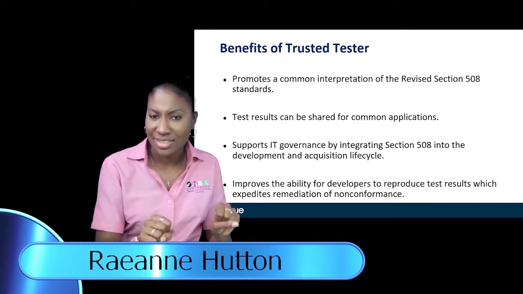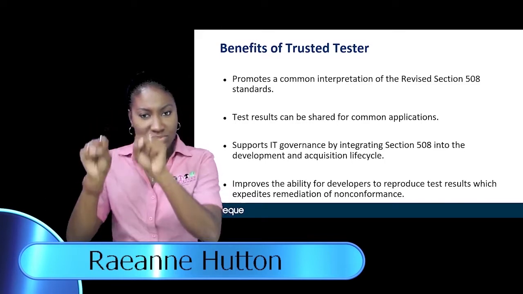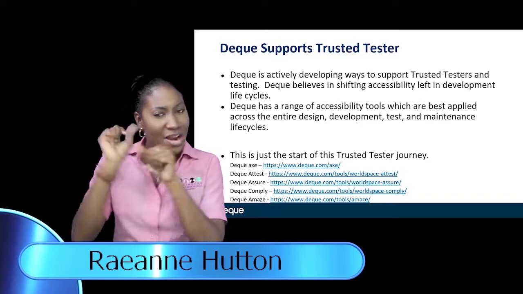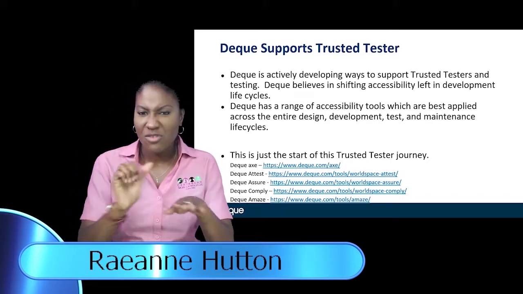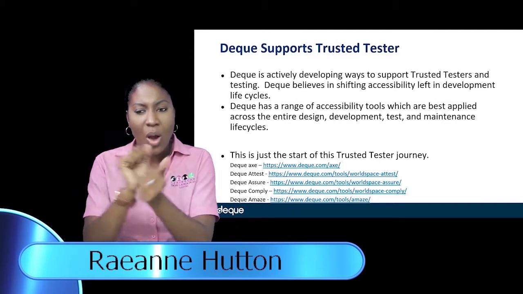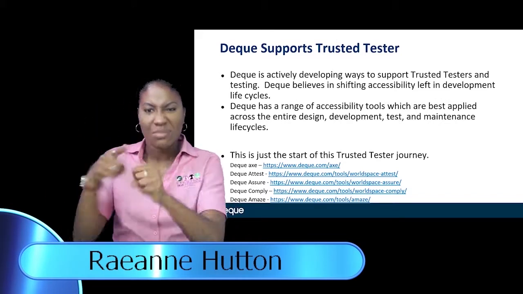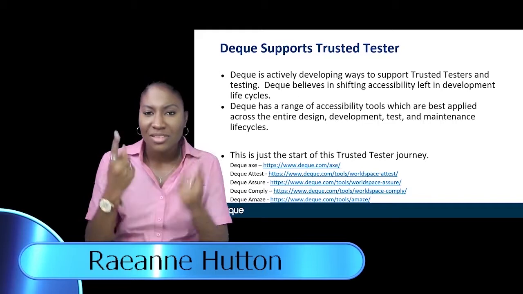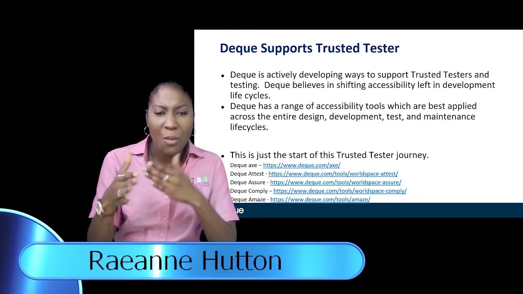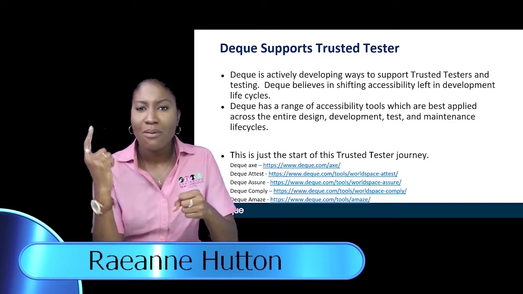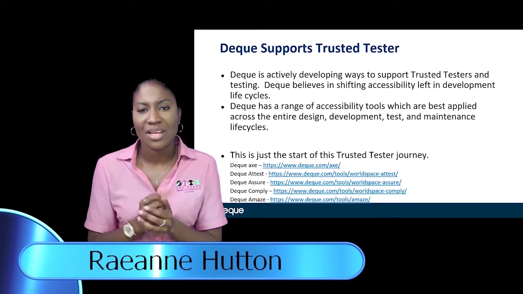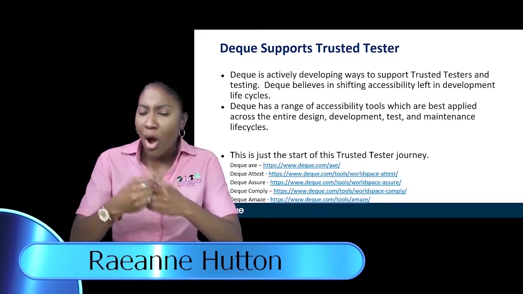Slide 25. Deque is actively developing ways. So I want to move on to slide 5. I work for Deque Systems, and the motto of Deque Systems is accessibility for good. And when I left the government, after working on the tester process and training, I started work with Deque Systems, and we are picking up the ball on Trusted Tester and putting it into our products.